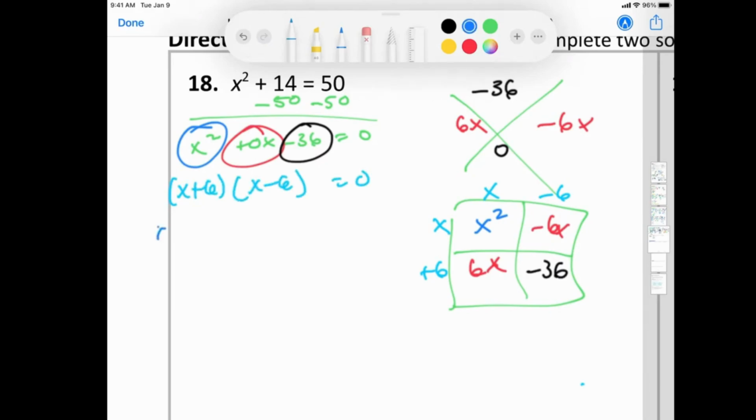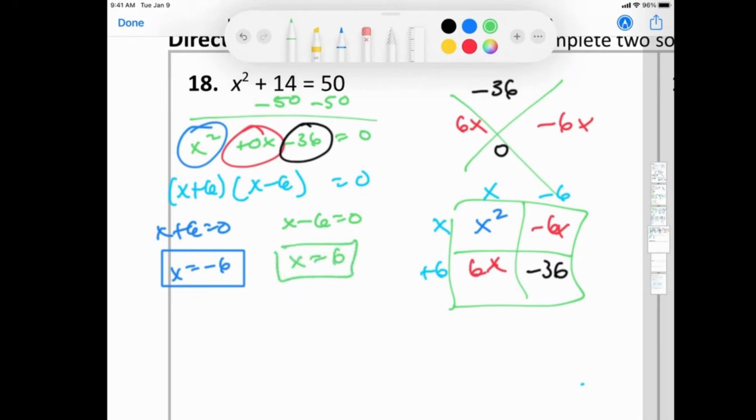And then go ahead and split those, set them equal to 0 for the zero product rule. And you get your 2 solutions.